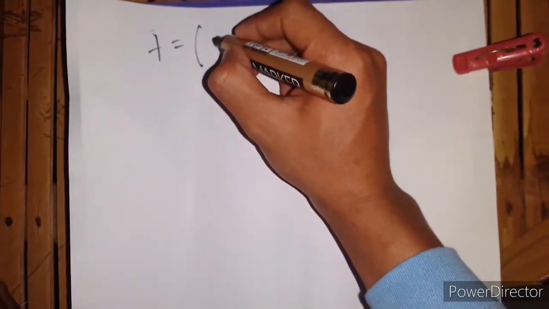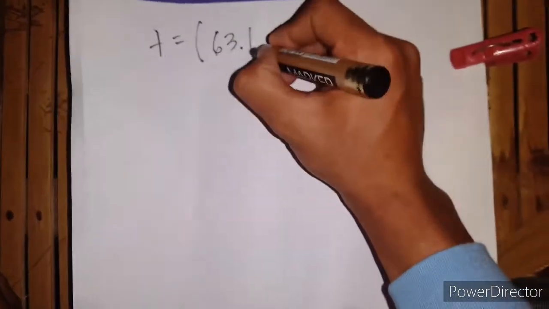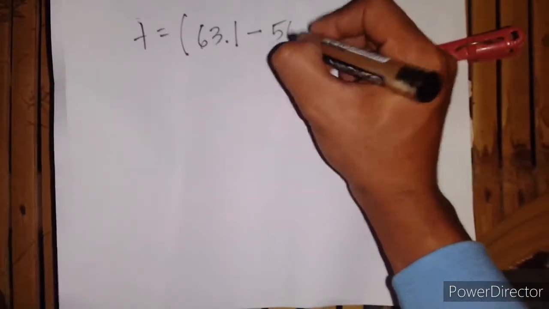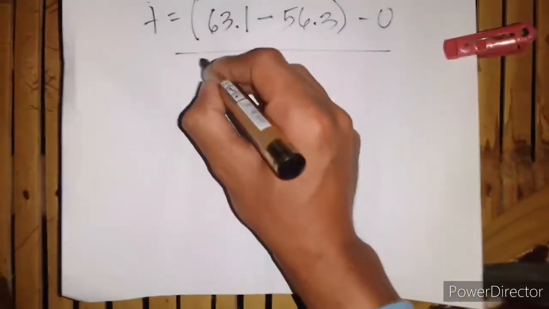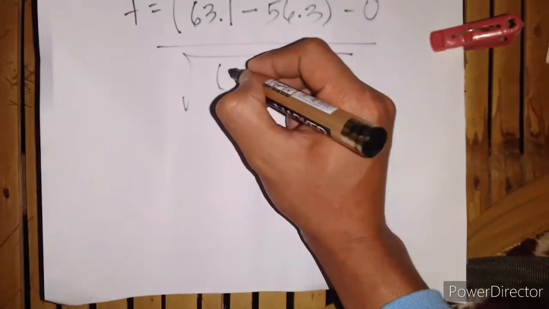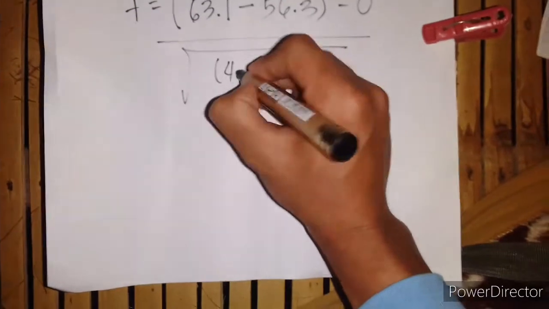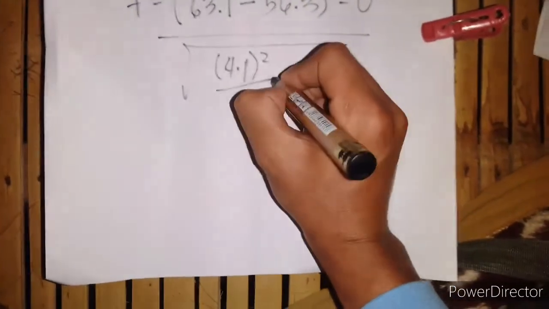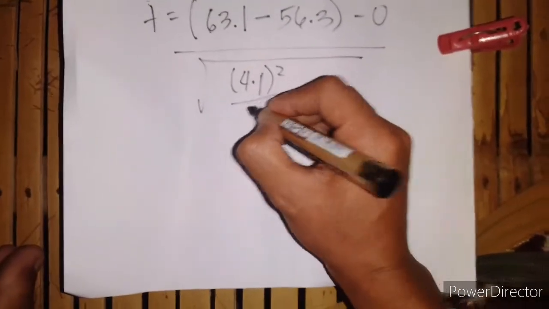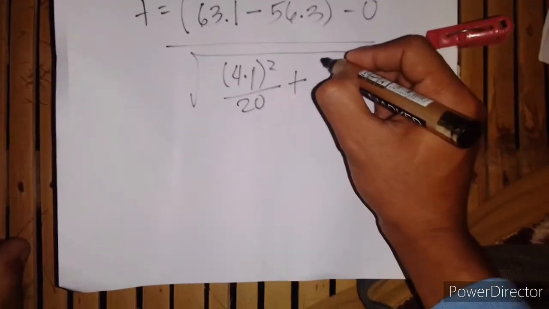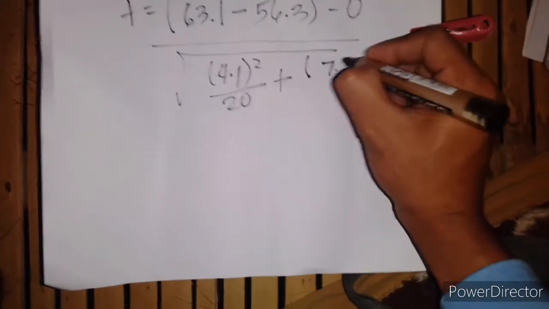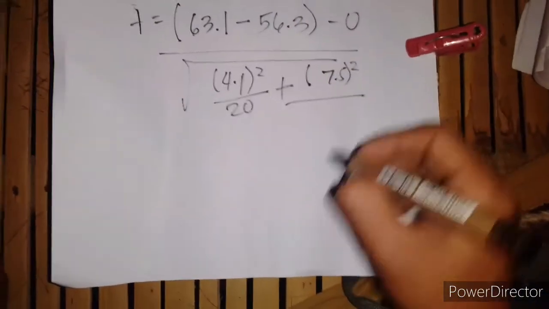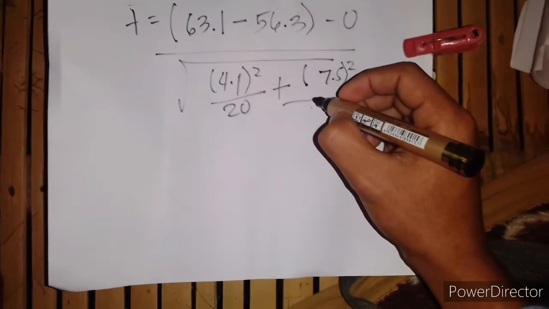The first population mean is 63.1 minus our second population mean 56.3 minus 0, our hypothesized mean difference, divided by the square root of our first standard deviation 4.1 squared divided by first sample size 20 plus our second standard deviation 7.5 squared divided by our second sample size 24.